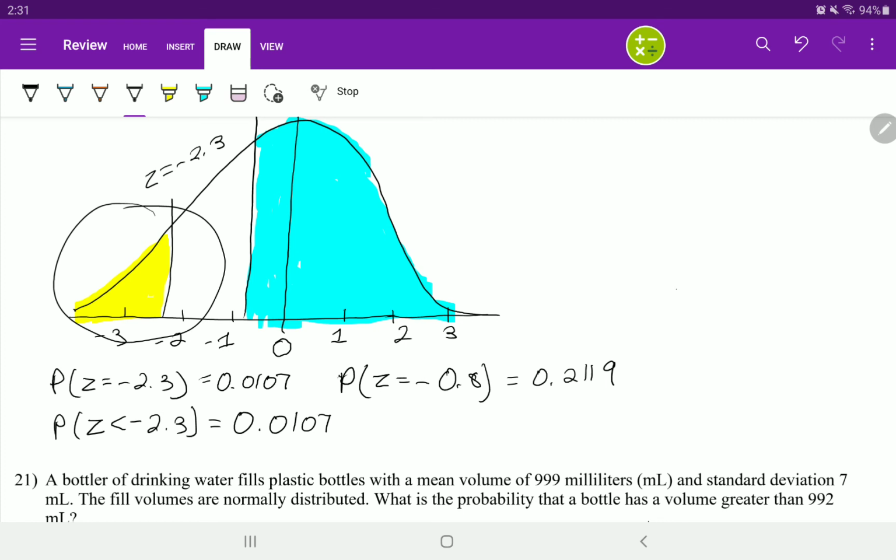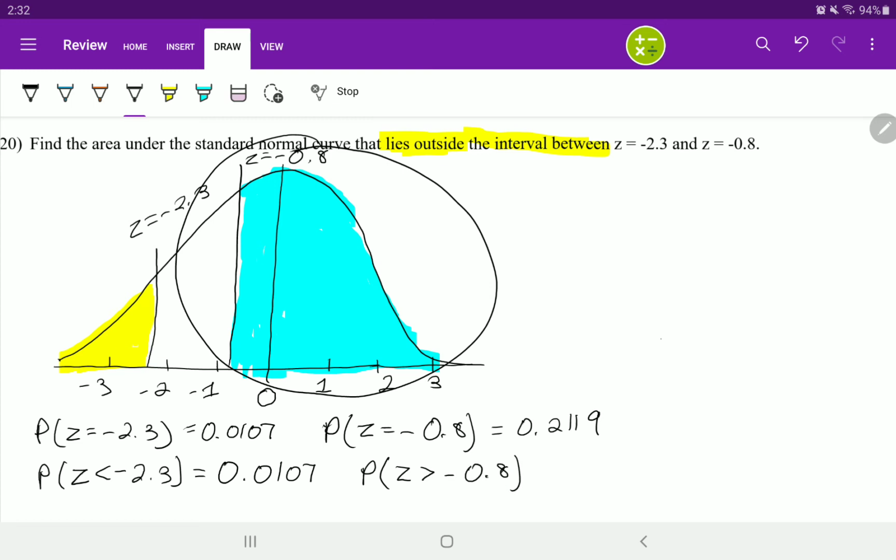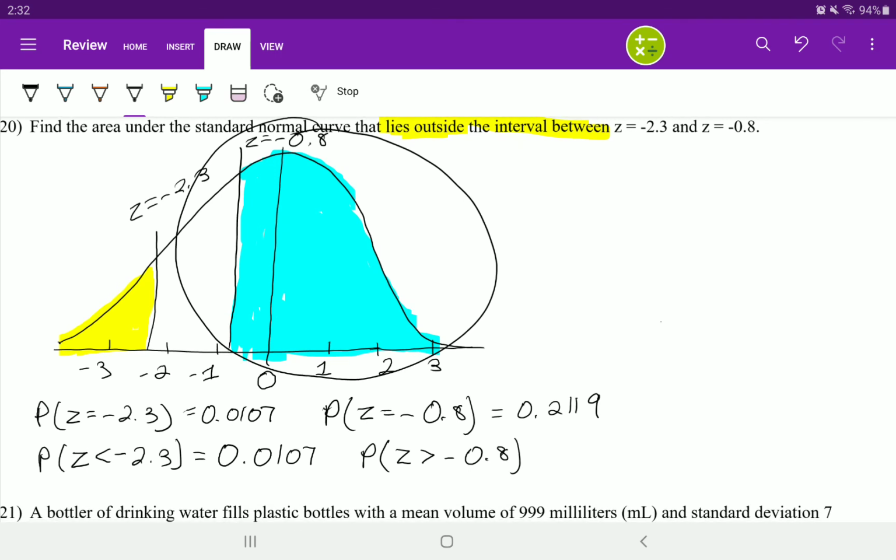That's fine. But in this case, this is shaded to the right. And we can call that the probability that z is greater than negative 0.8. Because that is shaded to the right and all probabilities on your z-score table are shaded to the left, once you find the probability on your z-score table, you can subtract that probability from 1. So it's going to be 1 minus 0.2119. That goes back to the complement rule of probability. And that's going to equal 0.7881.